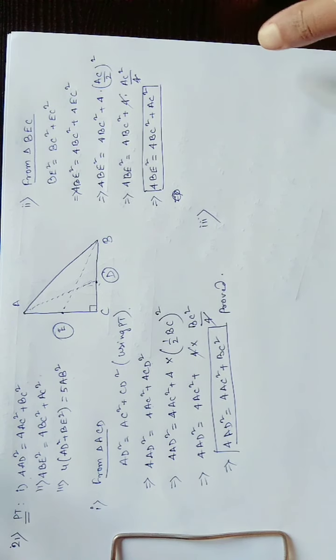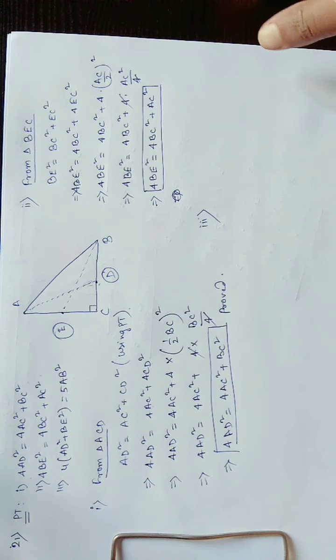Let's do number 3. Look at this, what you have to prove, 4AD square plus BE square. This one is number 1, this one is number 2. Simply add both the equations. So you get 4AD square plus 4BE square equals 4AC square plus AC square plus 4BC square plus BC square.